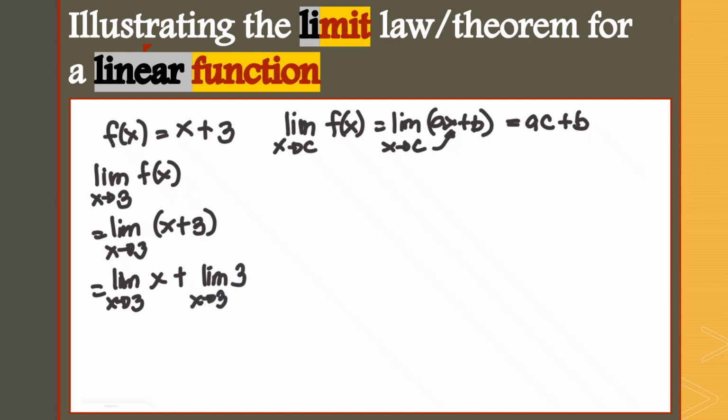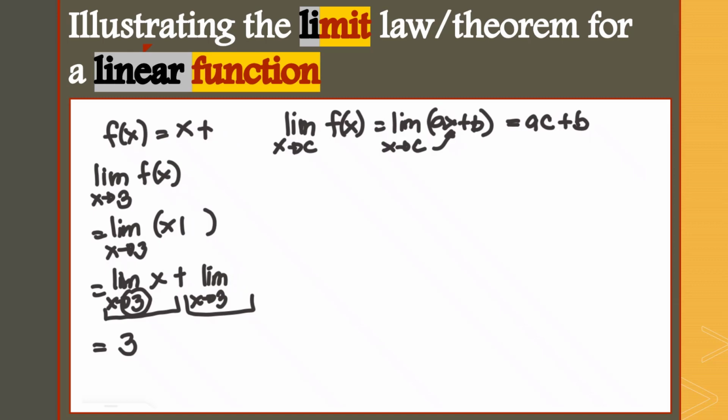In this case, you have a limit of an identity and a limit of a constant. The limit of the identity, as discussed in limit theorem number 2, is the value the variable is approaching. So you have 3 here. For the limit of a constant, let's try a different value so that we can really separate the idea.